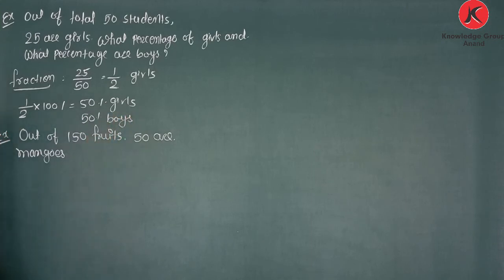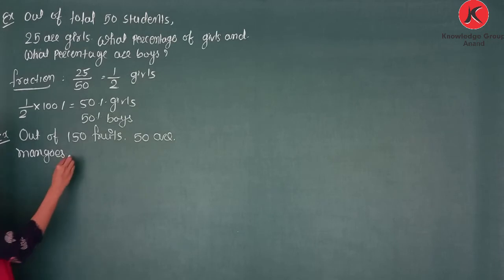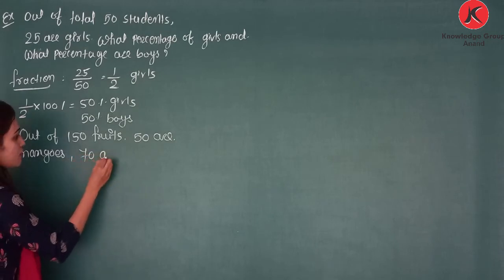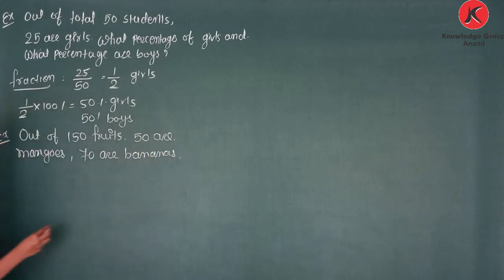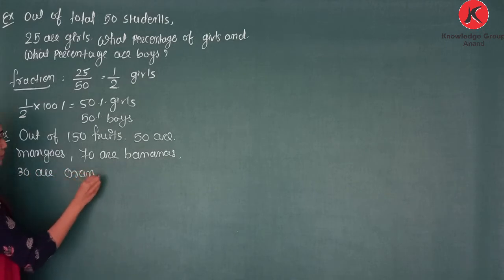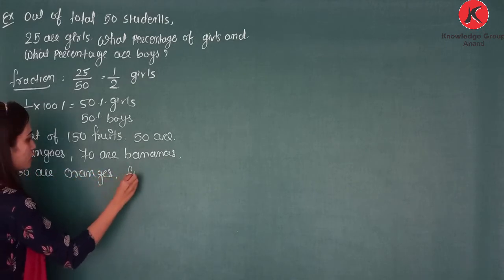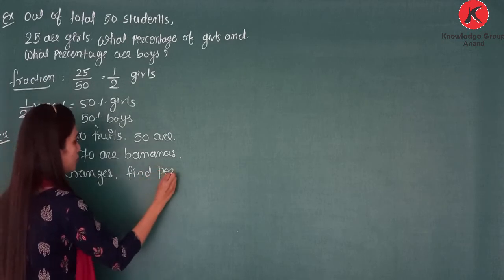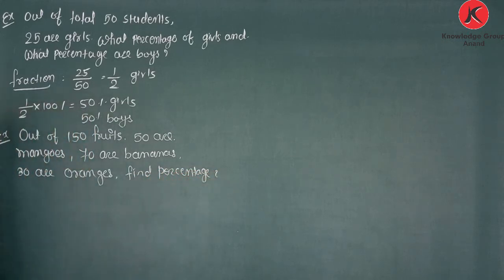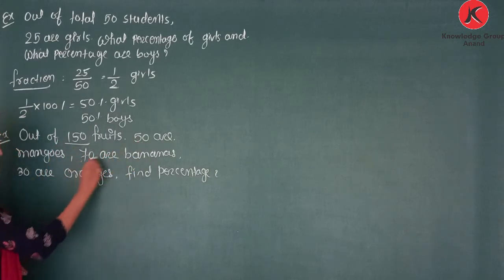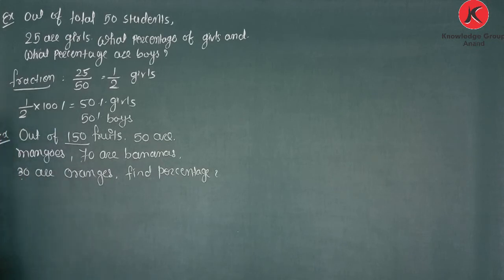Next question is: out of 150 fruits, 50 are mangoes, 70 are bananas and 30 are oranges. So from 150, 50 are mangoes, 70 are bananas and 30 are oranges.